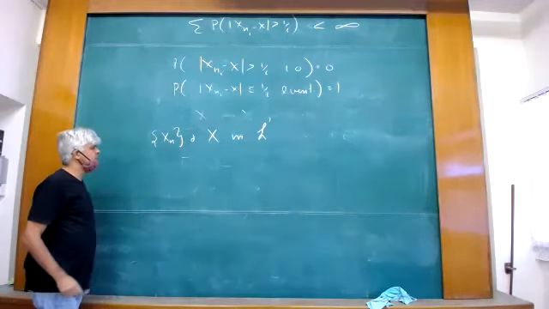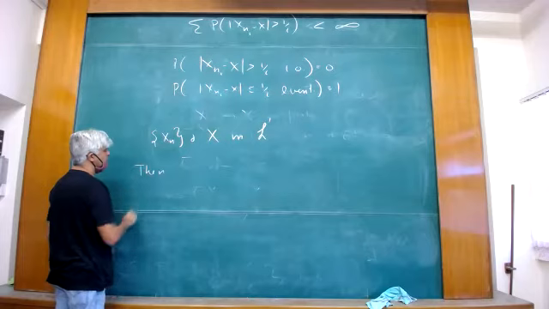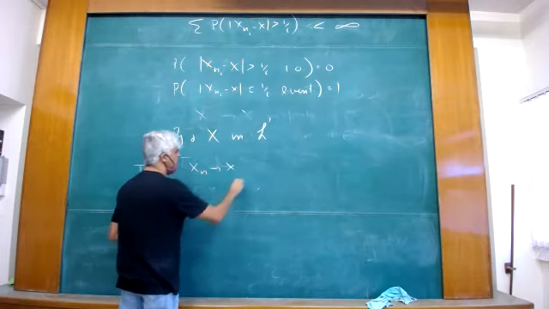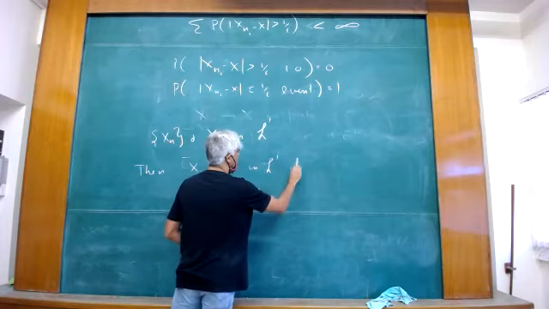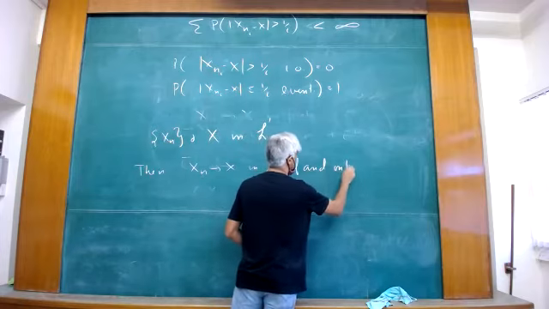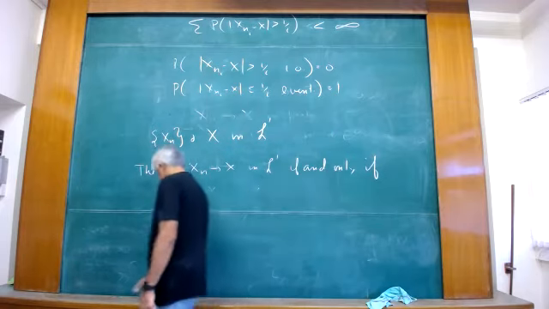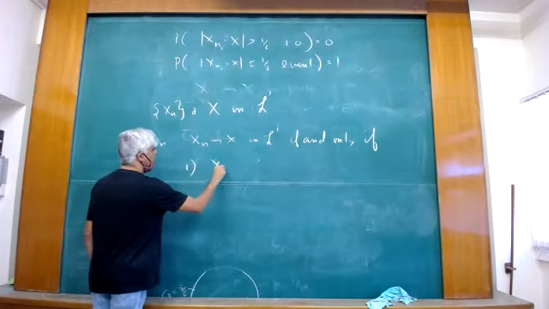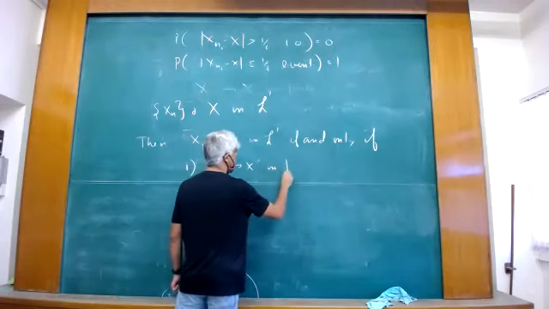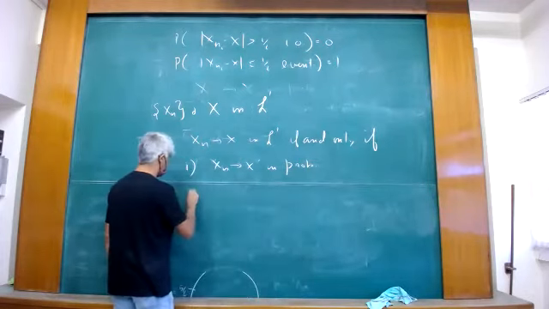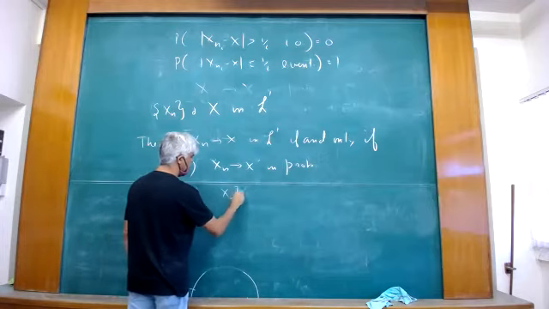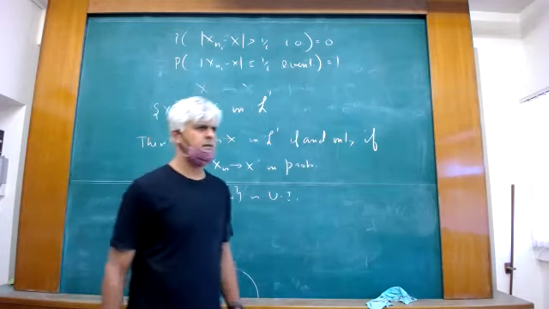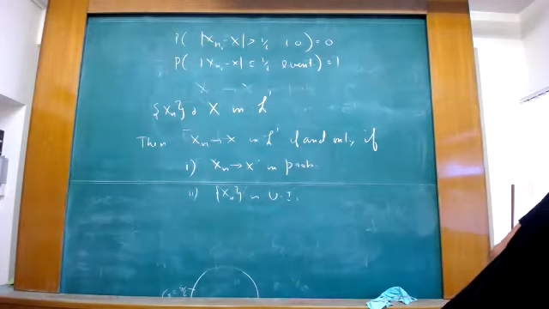Then x_n converges to x in L1 if and only if x_n converges to x in probability and the sequence x_n is uniformly integrable. So that's a big theorem that we have.